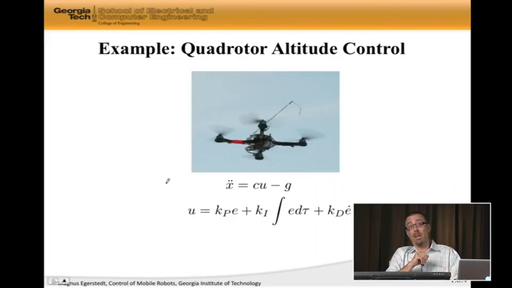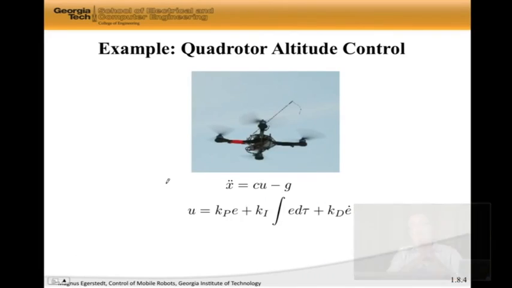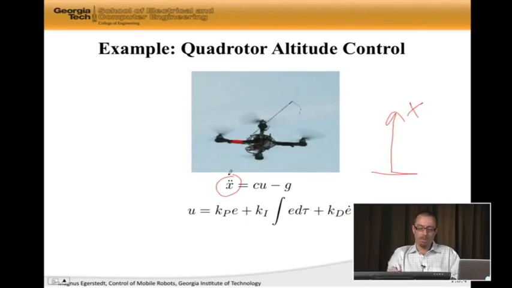Now let's do it. We're going to do altitude control, which means we're going to control the height, how high up in the air a quadrotor is. The model we're going to use is, well, x is going to be the height, here's the ground. So x is how high up this thing is. And x double dot, the acceleration of the quadrotor, well, gravity g is pulling it down, so there has to be a minus g somewhere.